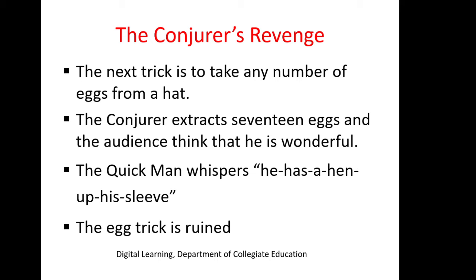But the conjurer goes on with the next trick, that is, he extracts around 17 eggs from an empty hat, and the audience think that he is wonderful and they applaud him. But at this moment, again, the quick man whispers, he has a hen up his sleeve. The egg trick is also ruined.